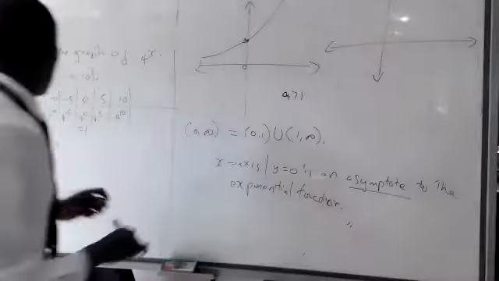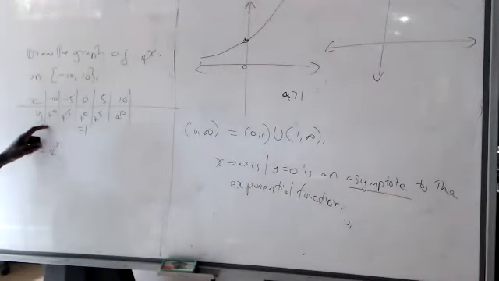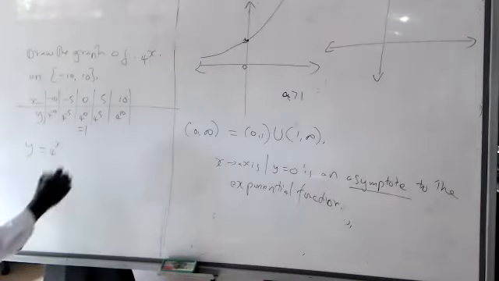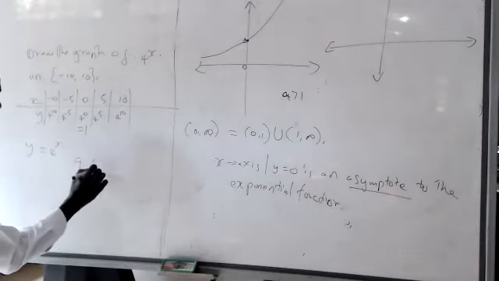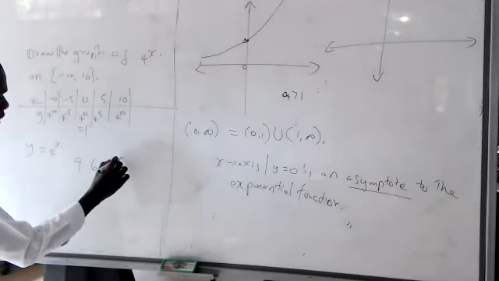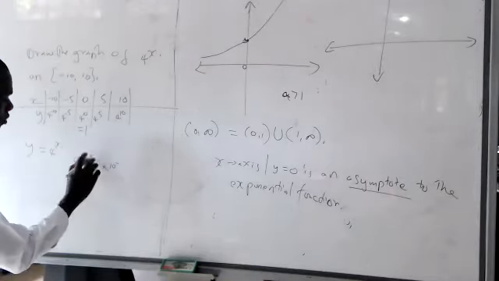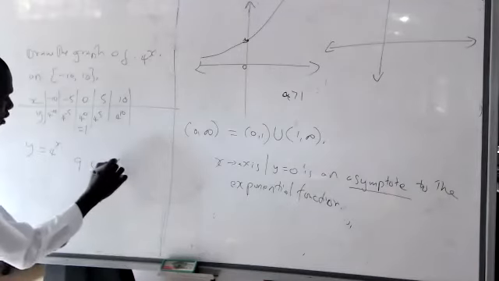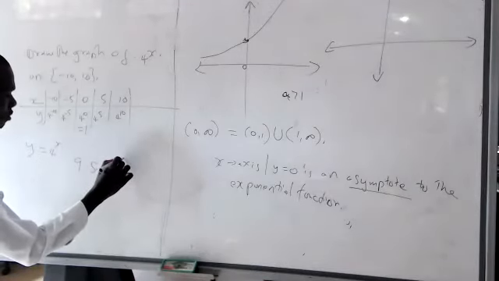What's the first one? 9.5367. It can't be 9. It has to be less than 1. Times 10 raised to power negative 7. Oh, okay, I see. 9.5 times 10 raised to negative 7.